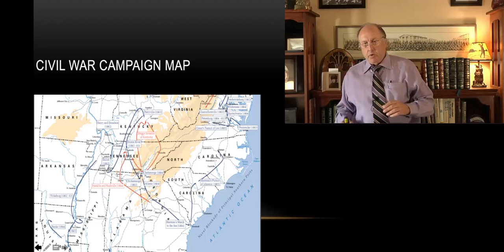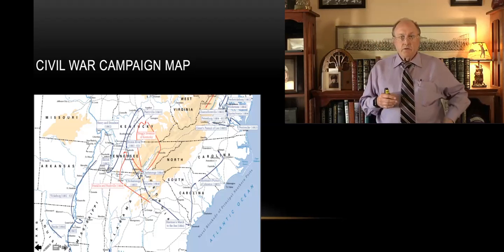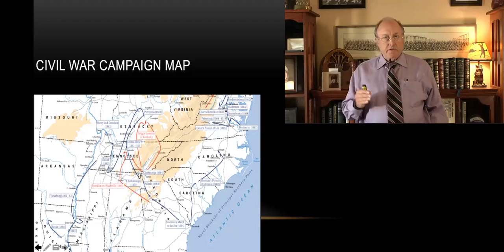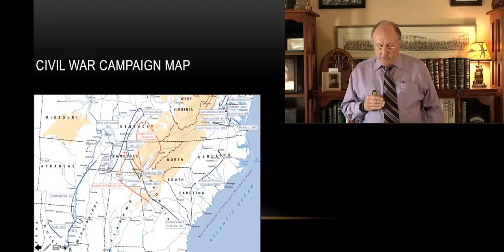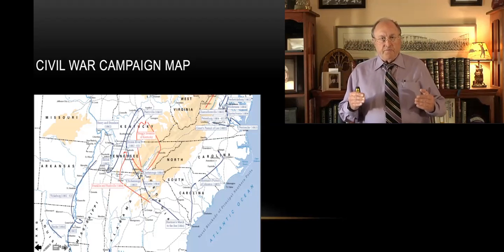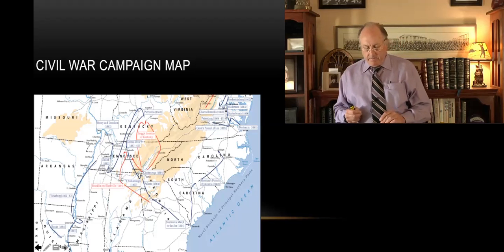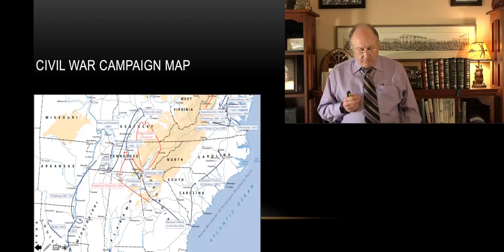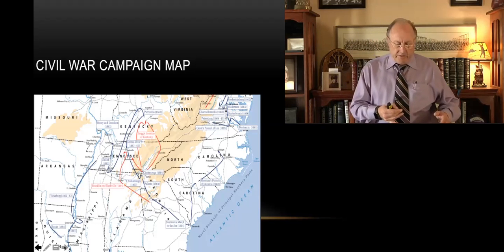Thus, attacks in both East and West were imperative. Halleck had under his command one of the few Union generals at this point of the war who was willing to fight, to be aggressive, to attack. That man was Ulysses S. Grant. I do not want you to underestimate Grant.